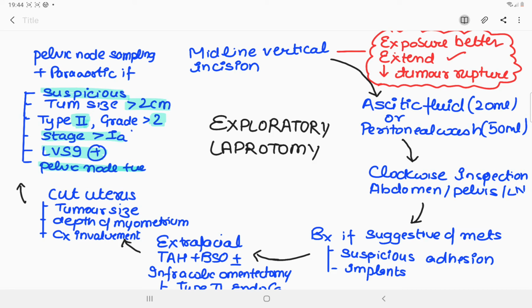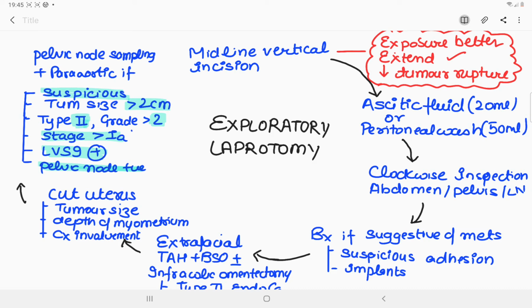Then we will take ascitic fluid aspirate, around 20 ml in a heparinized syringe, or we can take peritoneal washings, also around 50 to 100 ml. Then we will do a clockwise inspection of the abdomen, pelvis and lymph nodes. In the abdomen we will start from the cecum, then ascending colon, hepatic flexure, liver and undersurface of diaphragm, transverse colon, splenic flexure, spleen, descending colon and rectum.